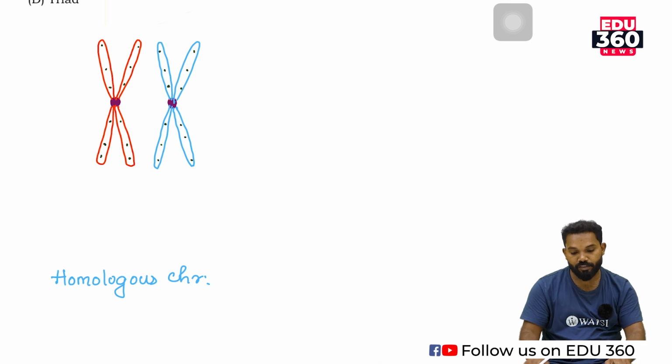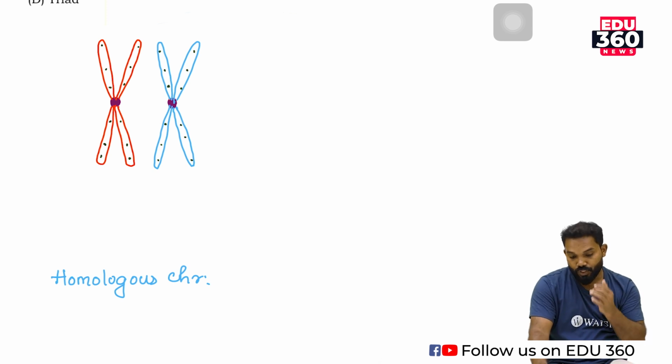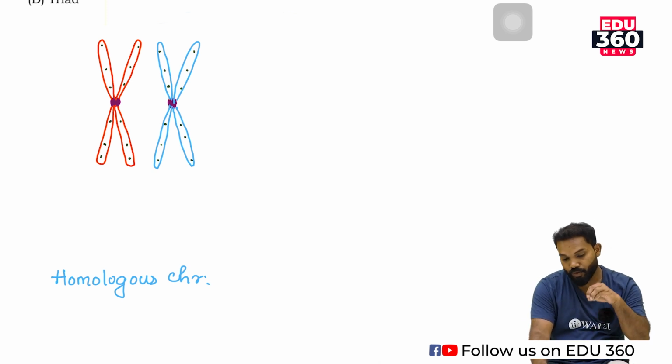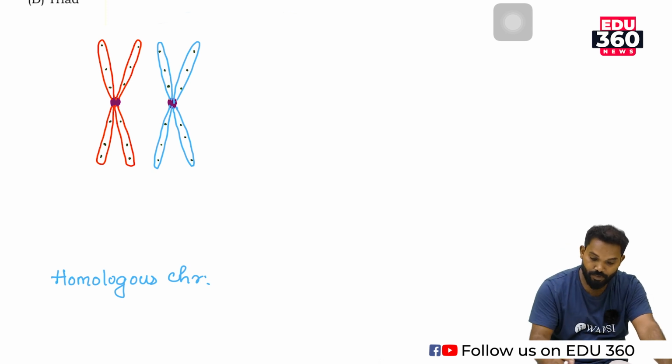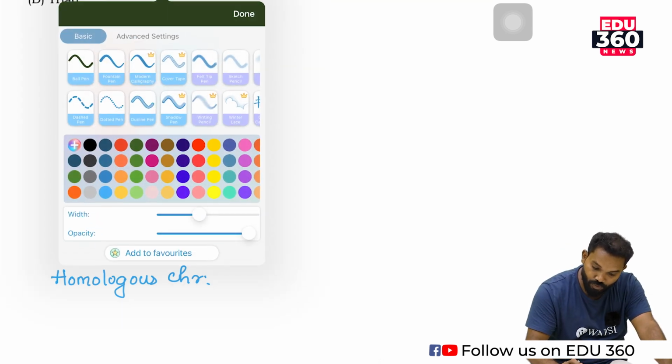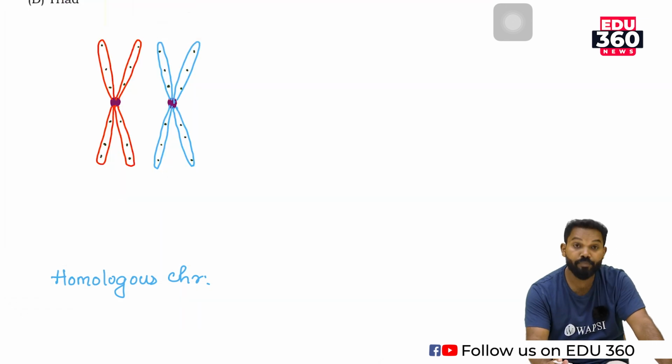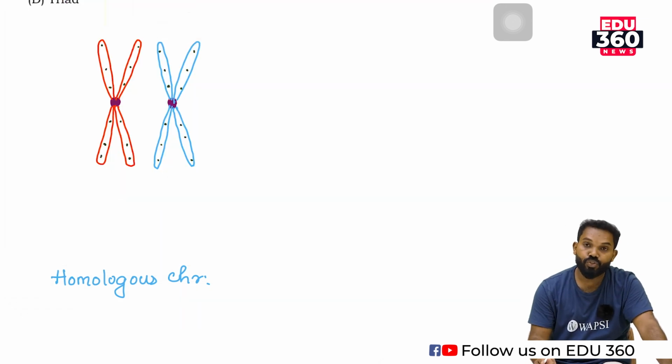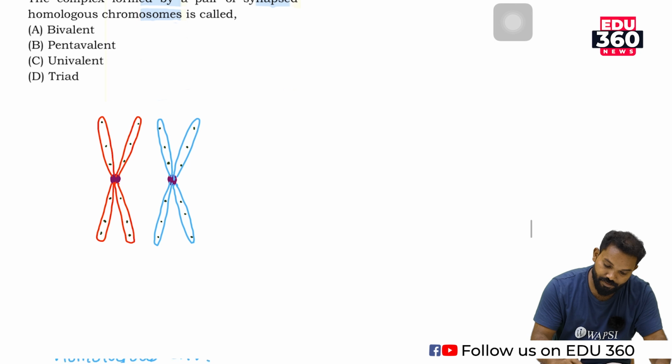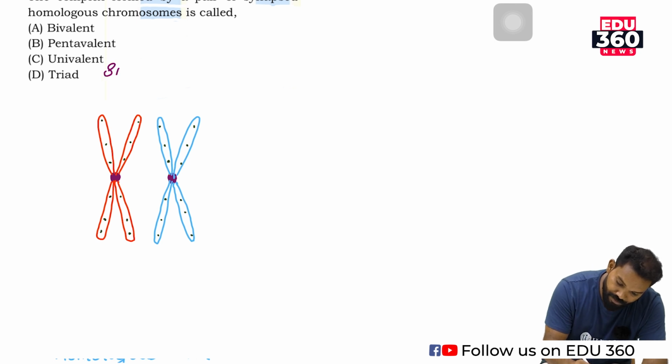These 2 are homologous chromosomes. Each chromosome of a homologous pair has 2 chromatids, known as sister chromatids.